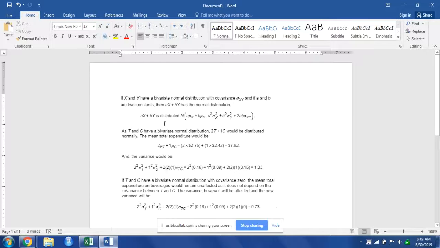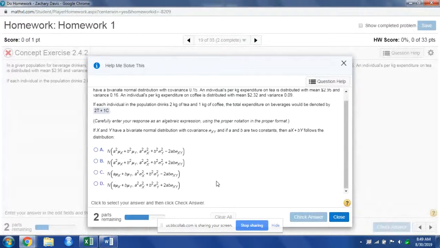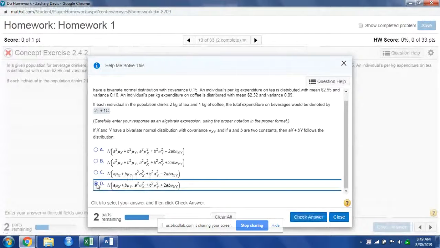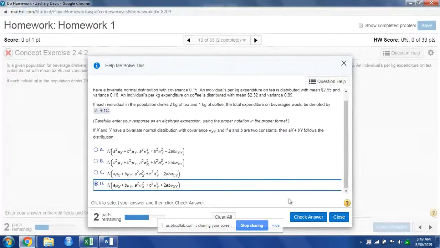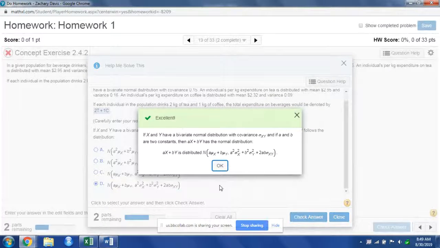So find that one. I think it's that. Good. So that's just a formula you could pull from the book, but this is how, if you had gotten it wrong, it will tell you the answer.